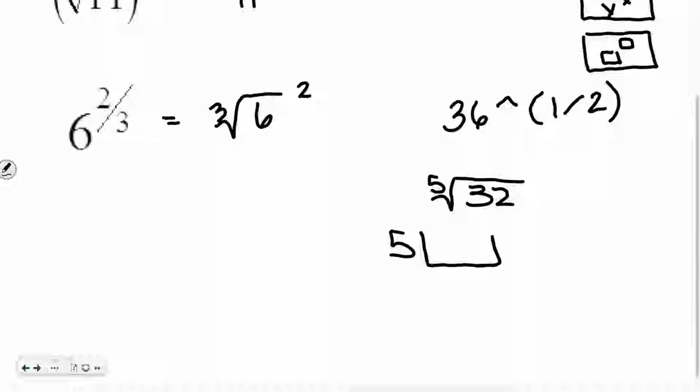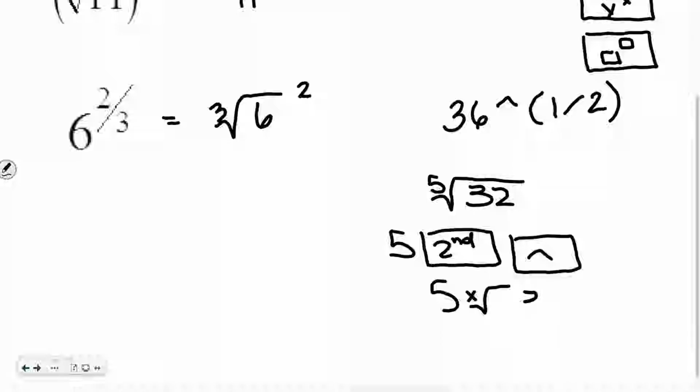And then you're going to do seconds and whatever your exponent button is. Mine was the caret button. And then what it brings up is something that looks like this. It has a little x on it, but you have to tell it that there's a 5 there. Okay, and then you can type in 32 and tell it to enter.